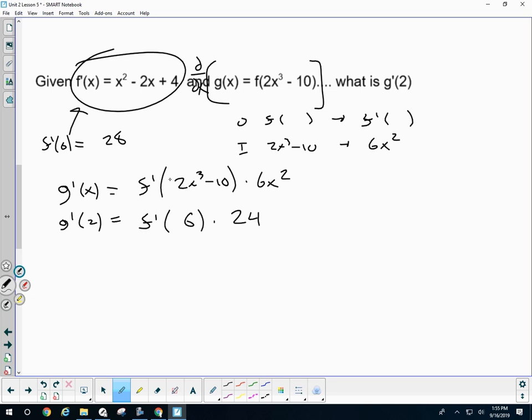F prime of 6, 36 minus 24 is 12 plus 4s. Let me just make sure I do this. 36 minus 12 is 24. I was right. So this is 28. So 28 times 24, whatever that ends up being.